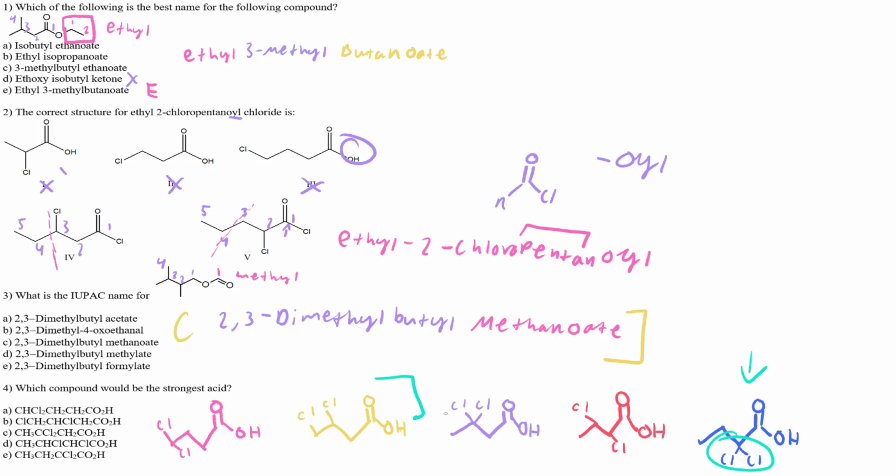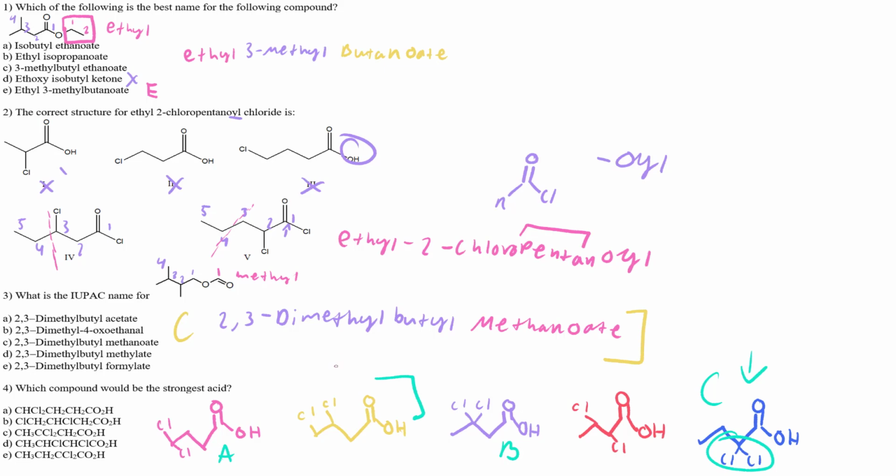So over here, notice that in structure A, B, and C, my chlorines moved one carbon each, okay? So A is going to be a lot weaker than B. That is because chlorine is further away from the acid. B is going to be a lot weaker than C because chlorine on B is a lot further away from the carboxylic acid.